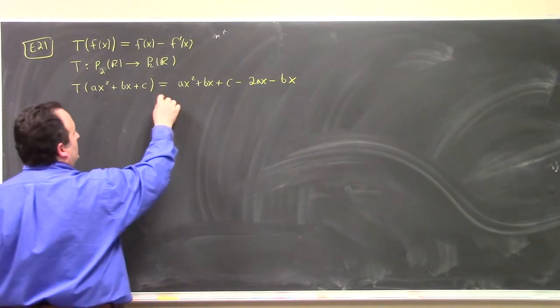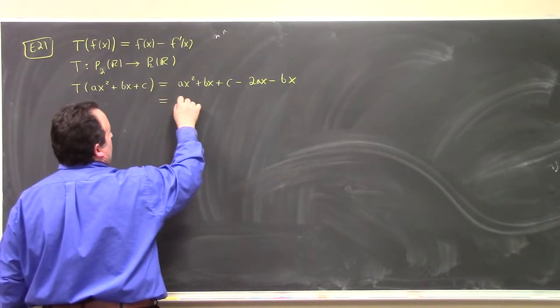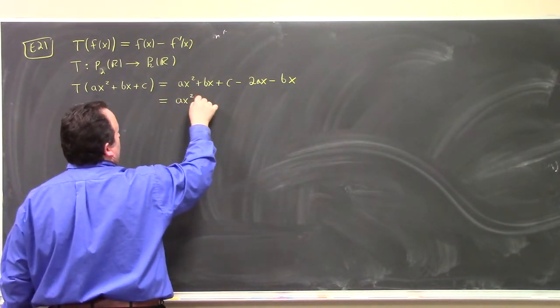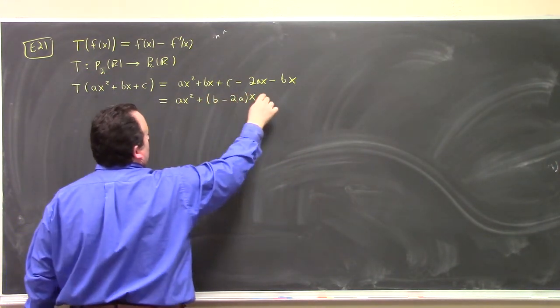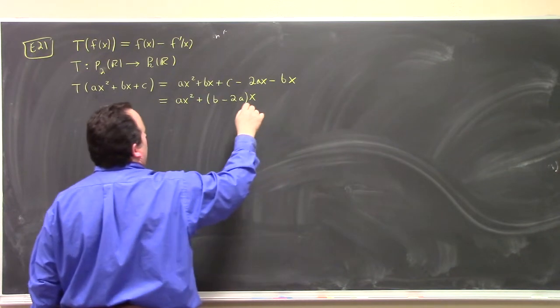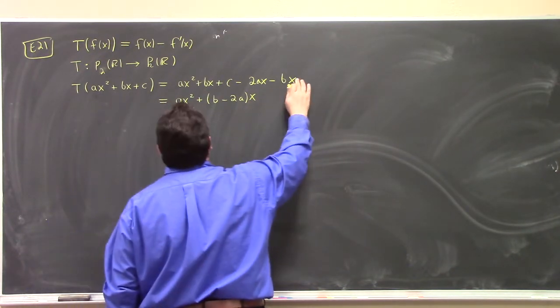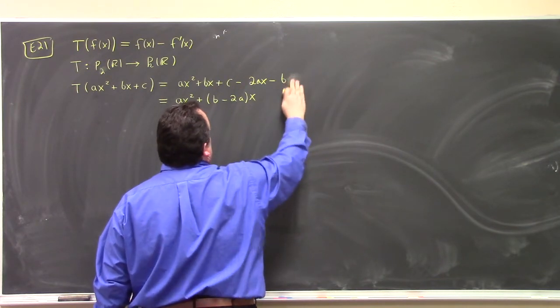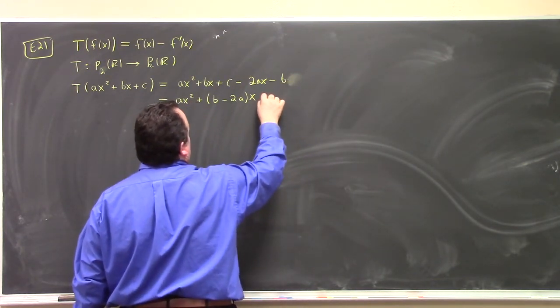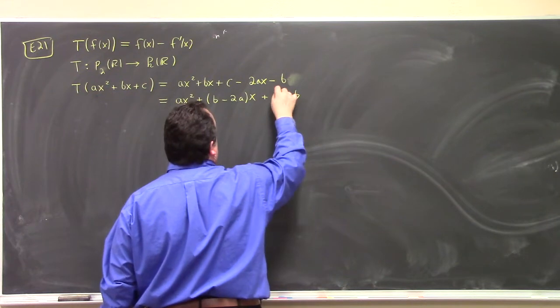Okay, so this is ax squared plus b minus 2a x. Oh, how did I get that, that's just b, right? Dummy. Me, not you. Derivative of bx is just b, right? Yes. So plus c minus b.